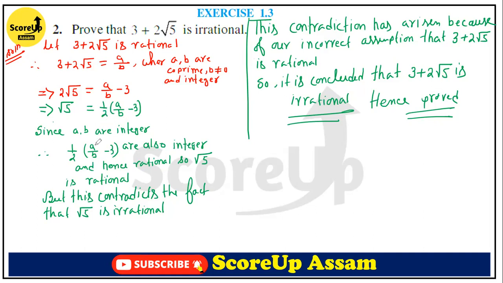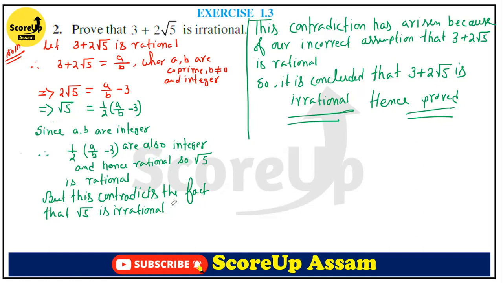Since a is an integer and b is an integer, 1 by 2 into a by b minus 3 is also an integer. And we know that integers are rational numbers. Therefore 1 by 2 into a by b minus 3 is a rational number, equal to this number. That means root over 5 is also a rational number.